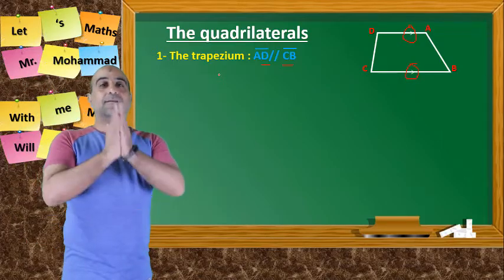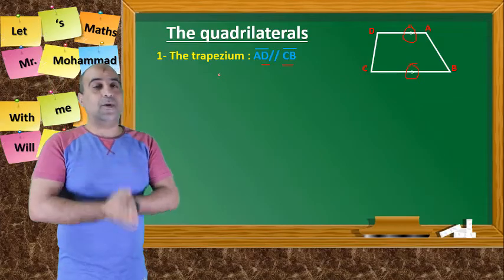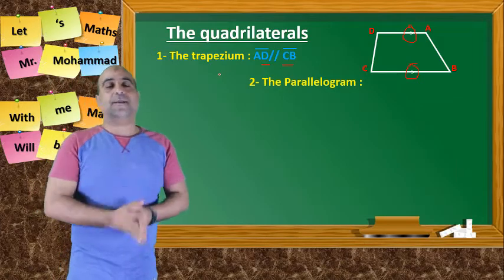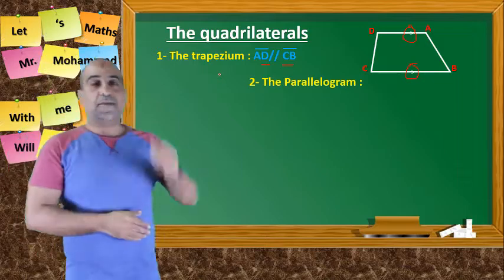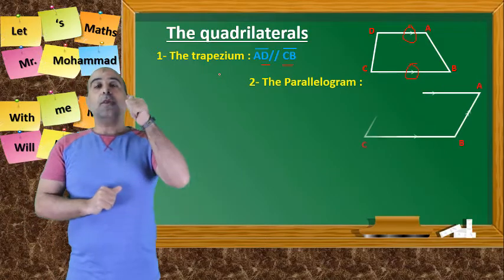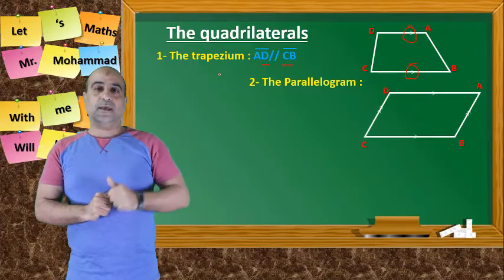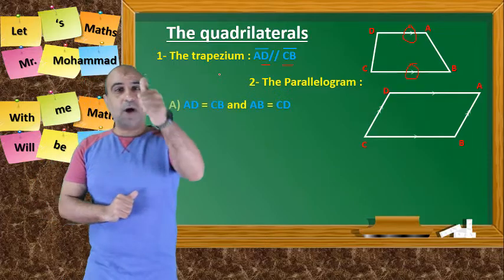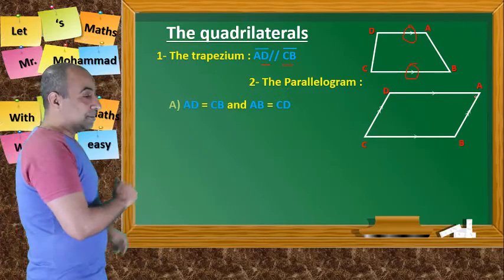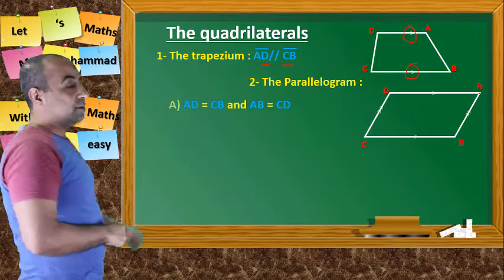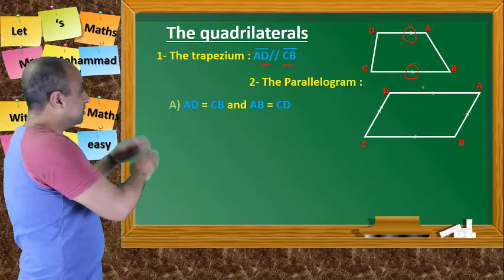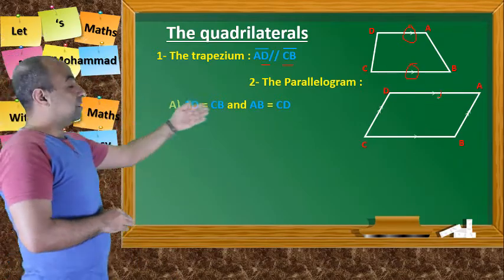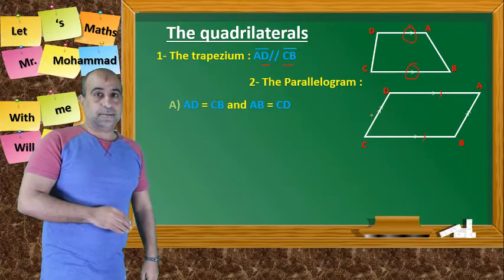And the second quadrilateral is the parallelogram. Let's see the properties of the parallelogram. The first property: each 2 opposite sides are equal in length. It means AD is equal to CB, and also AB is equal to CD.